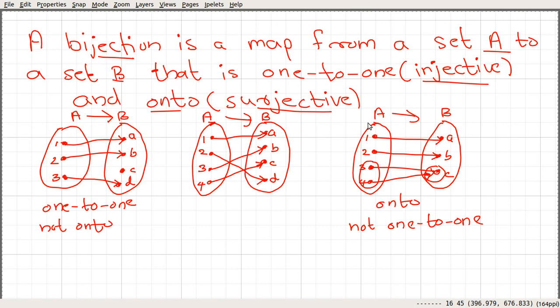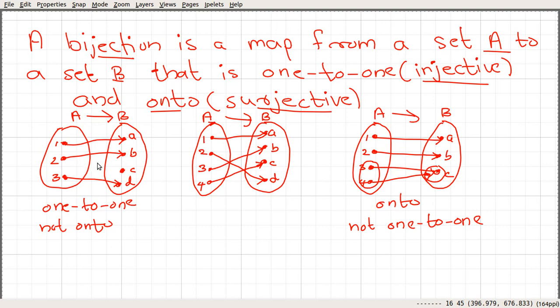So this map is onto, because every element of B is covered by the mapping. Here no element of B is uncovered, and because of that this map is onto. And since two distinct elements of A are mapped to this element C, this map is not one to one.